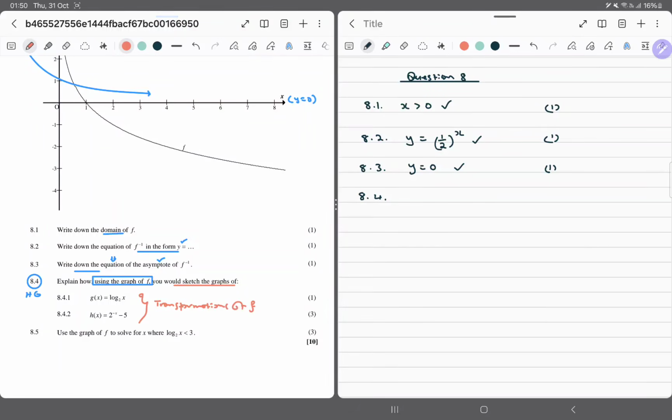of f. Now, a transformation can be a reflection. As you know, with reflections, we've got vertical reflections, I'll just say VR, horizontal reflections, HR, and we can also have inverses. But technically, a reflection can be about any given line.